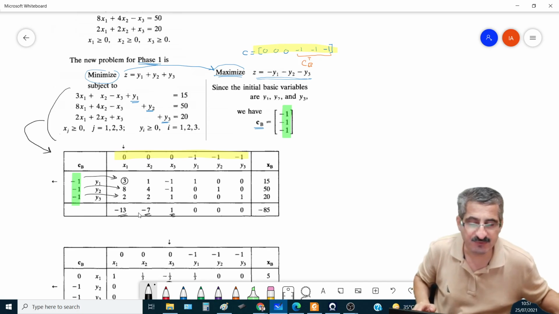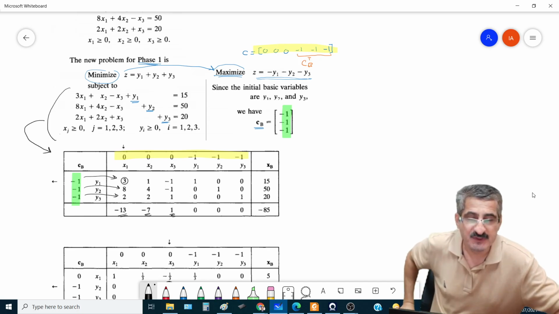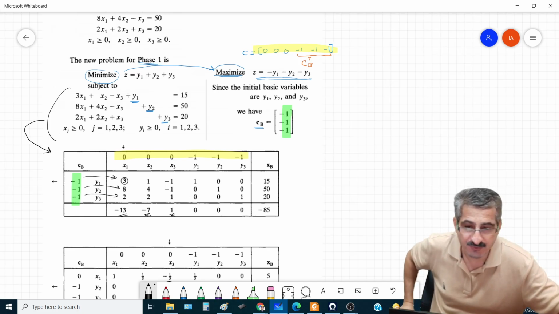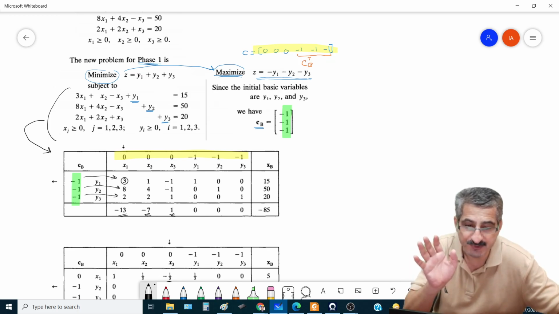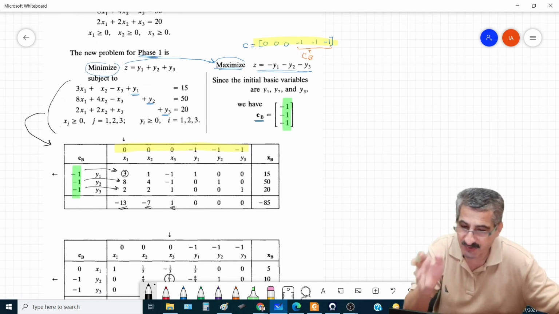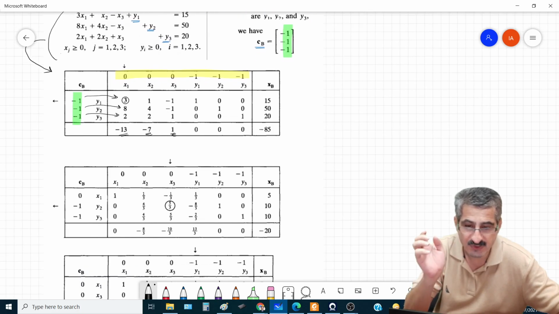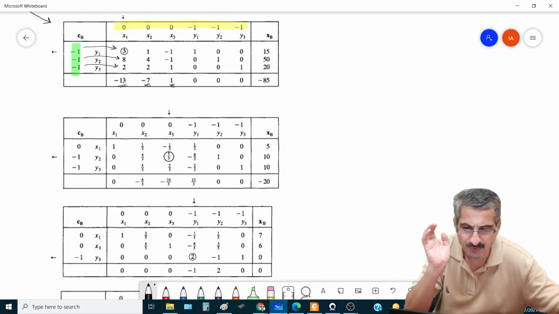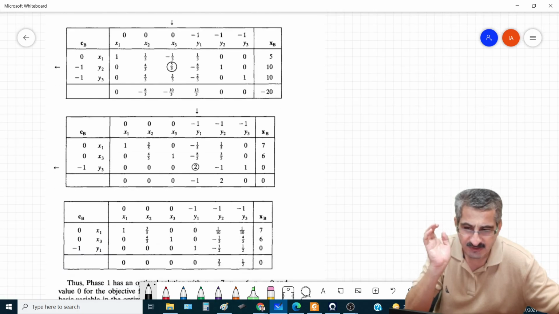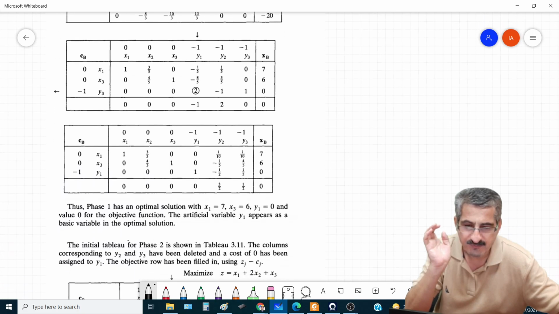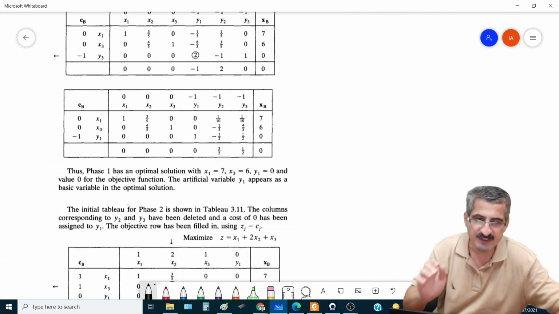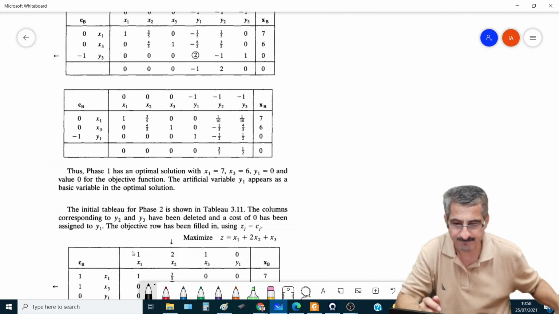And do the same for the rest. Okay, good. So we obtained the starting table of phase 1. Now do the pivoting. Then we get that. You know how to do all that work. Keep going and keep going. And then boom. This is the final table of phase 1.